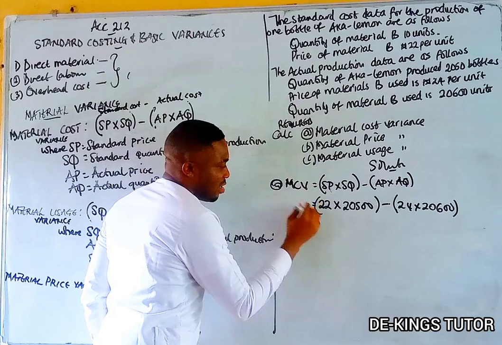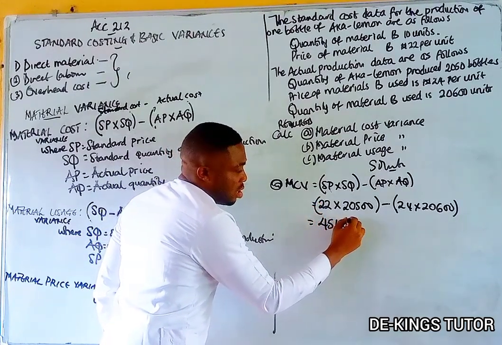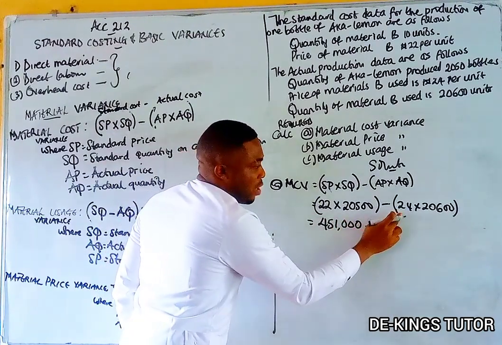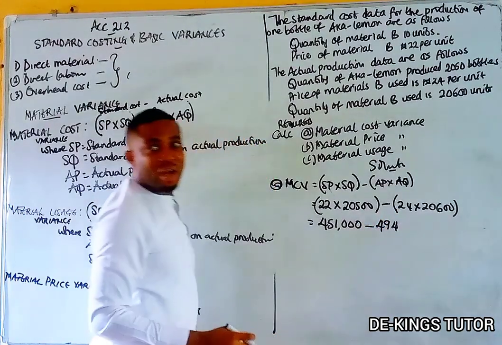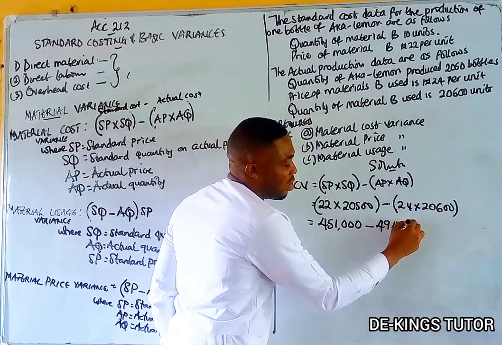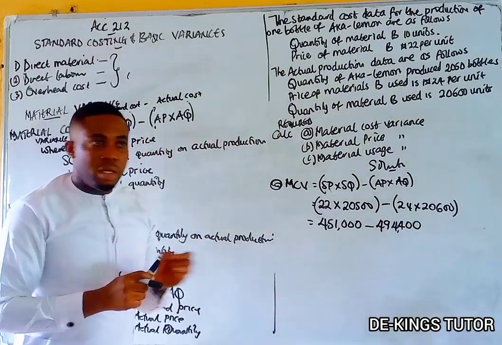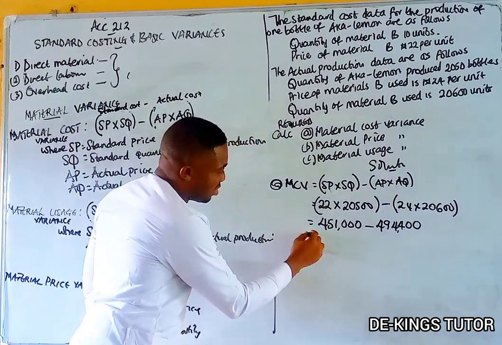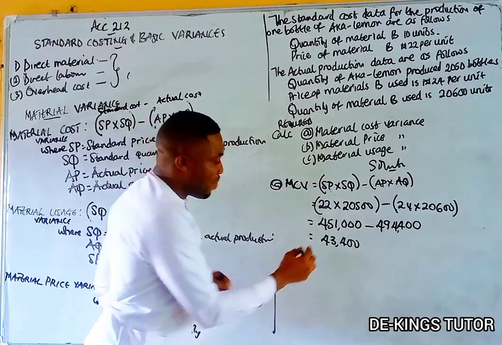What do we have? 451,000 minus 24 times 2,600, which is 62,400, like this. Now this minus this will give us a value. What do we have? 388,600, right? Okay.